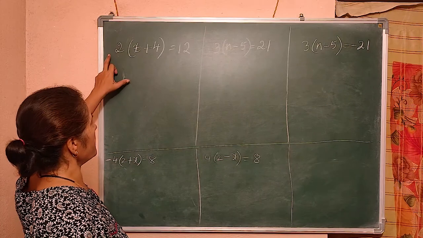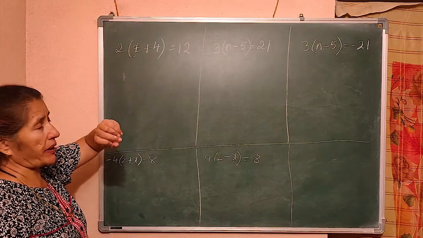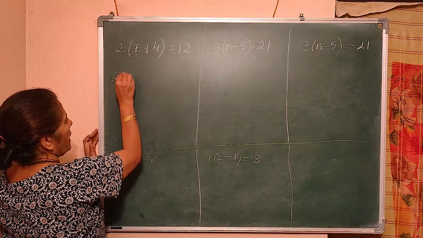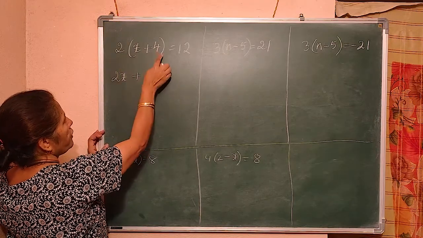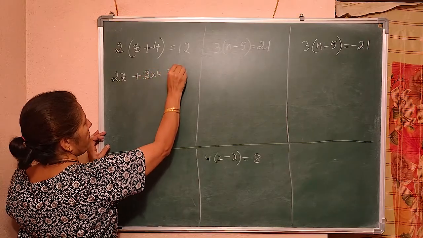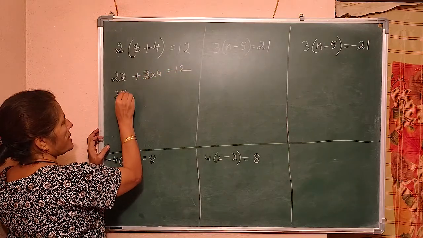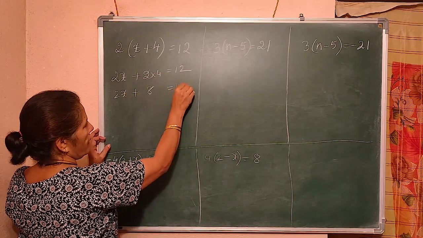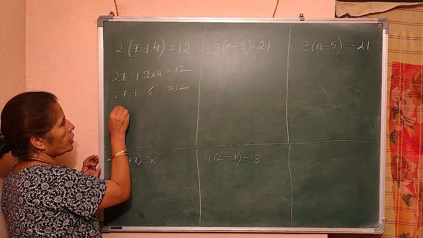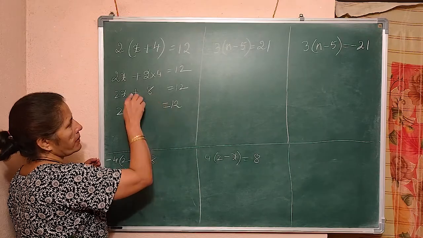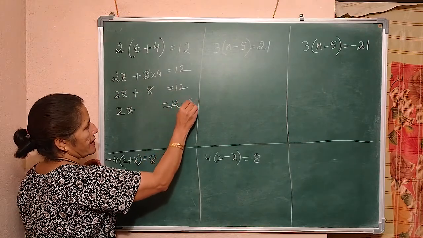What is this? I can use the distributive property. 2 into x, right? Plus 2 into 4, right? Is equal to 12. 2x plus 2 4s are 8 is equal to 12. So what is your next step? 2x is equal to 12 plus 8, I take that side, minus 8.